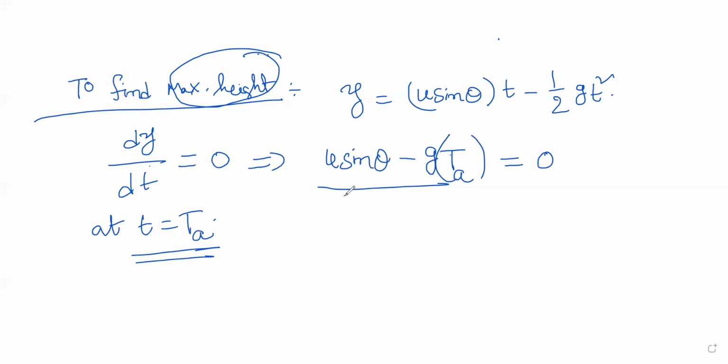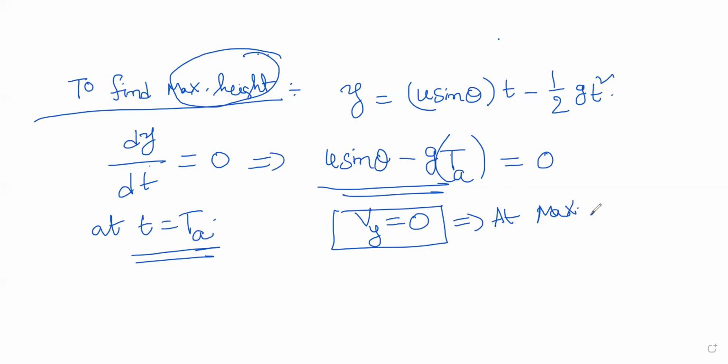So that is nothing but the velocity in the y direction being equal to 0 at maximum height. This is the concept. If you have seen the velocity vector, this is what the y component is at the maximum height. So ta happens to be u sine theta divided by g.